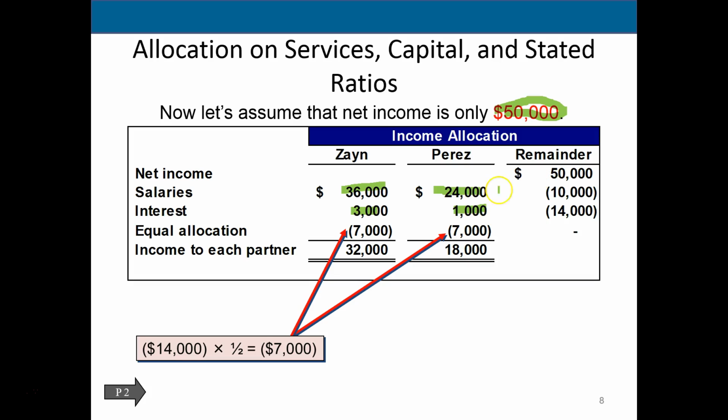But now if I took the 50 minus the 36 minus the 24 minus the 3 minus the 1, we're coming out to a 14 deficit, meaning we didn't make enough income to cover both our salary and our interest allocation methods. Therefore, we got this 14 negative that we have to allocate evenly.